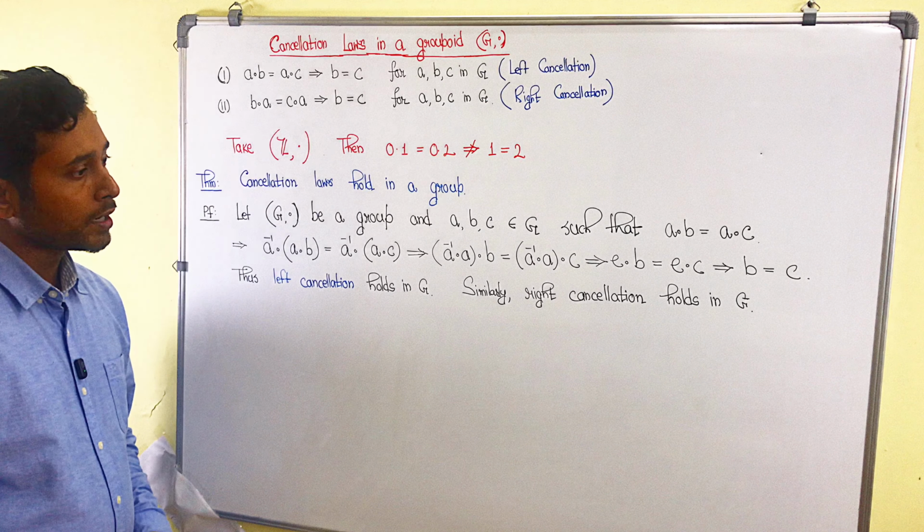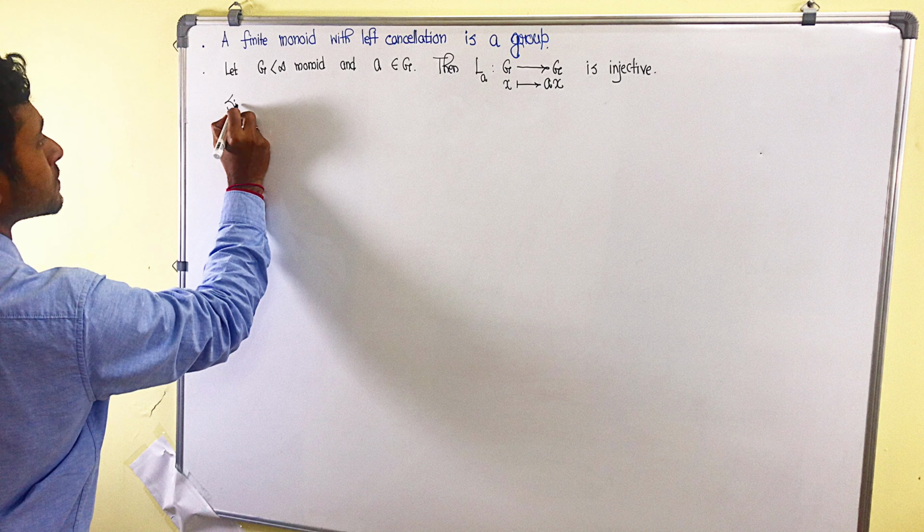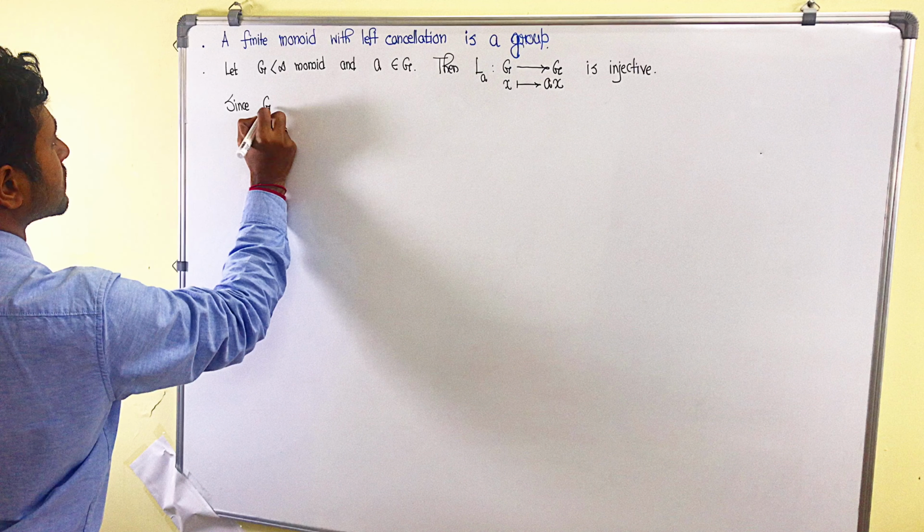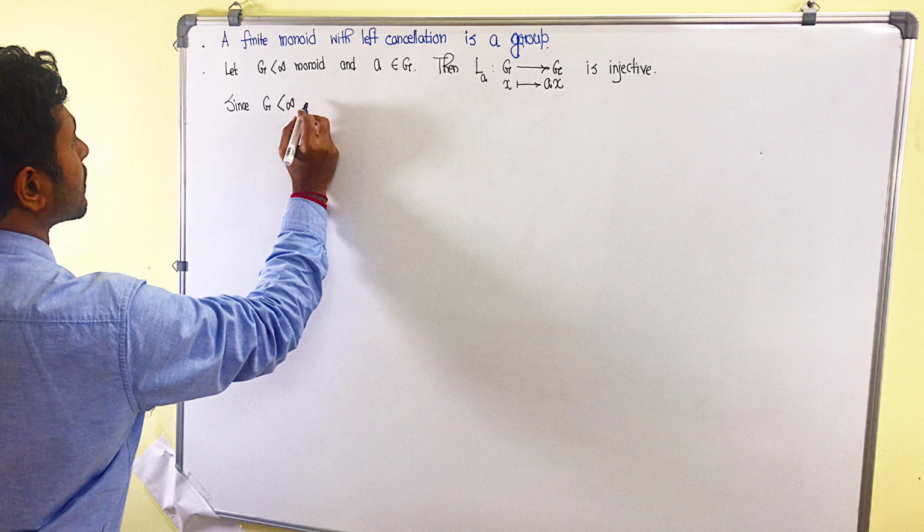So since G is finite, LA is surjective as well. So what does that mean? That means every element in G has a preimage under this function. In particular, since it is a monoid, the identity element exists in G, so that identity element also has a preimage under this function, right?